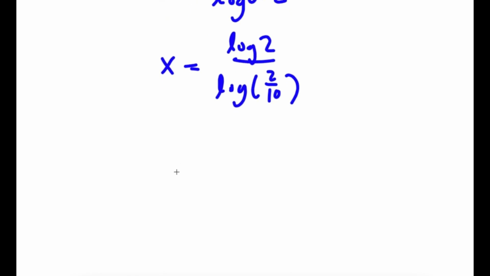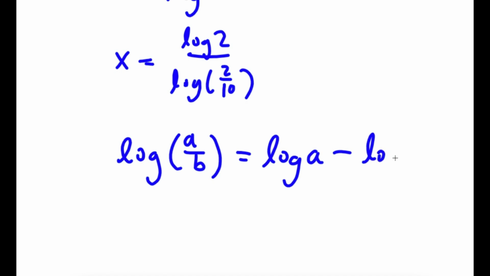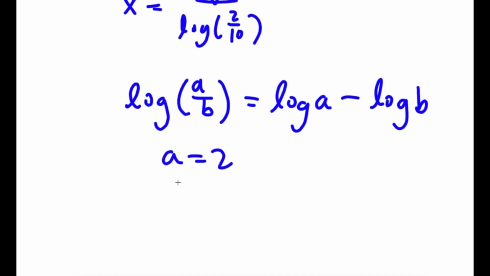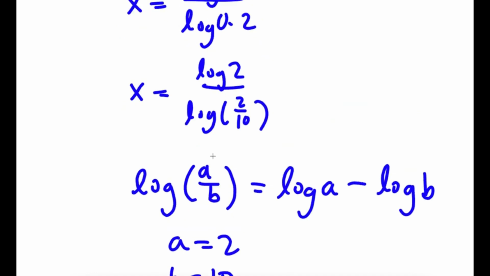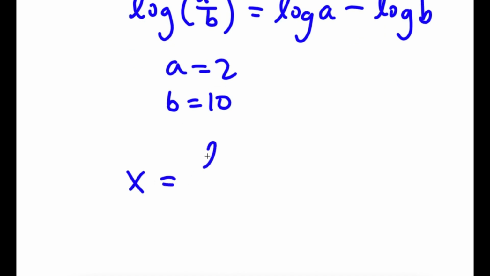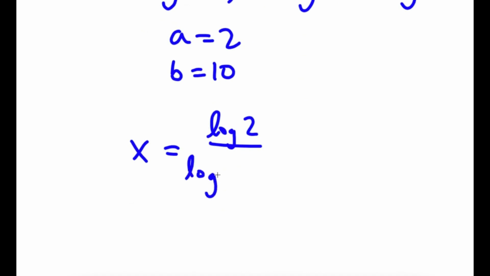And if I have something in the form log a over b, this is simply equal to log a minus log b. So in this case, a is 2 and b is 10. So I can rewrite this as x is equal to log 2 over log 2 minus log 10.